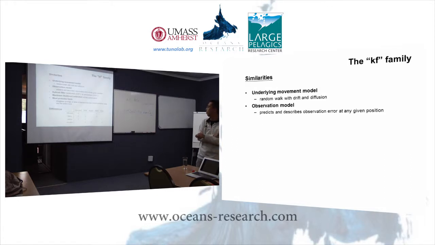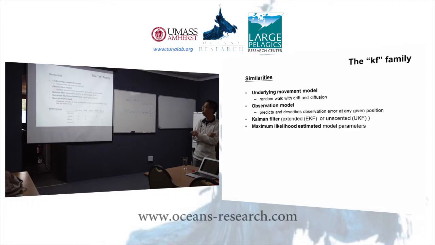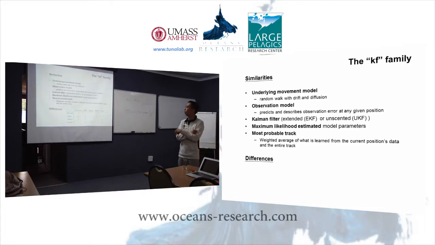You use the Kalman filter, and then you estimate things with maximum log likelihood, and it gives you the most probable track. So everything remains the same, essentially, from your previous experience dealing with KFtrack and UKFSST. All those can be used along this whole suite of tools.